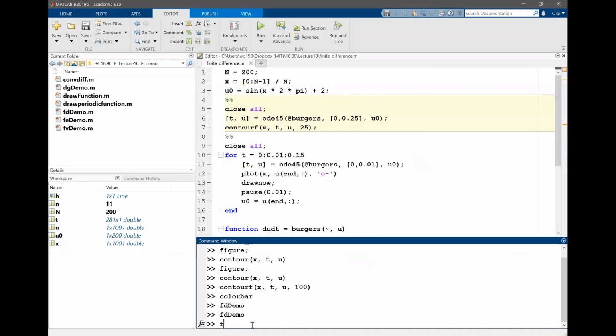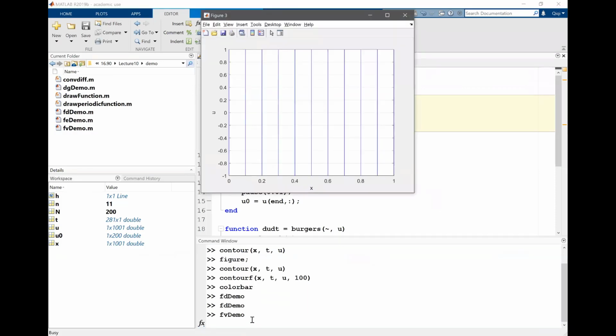So instead, finite volume discretization essentially takes one function, and what it does is that it stores the average amount of material within each interval. So this would be a finite volume approximation.